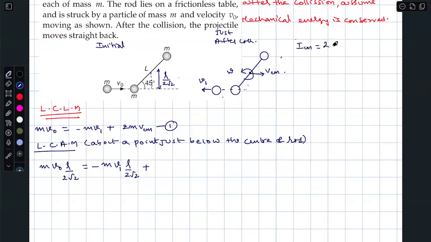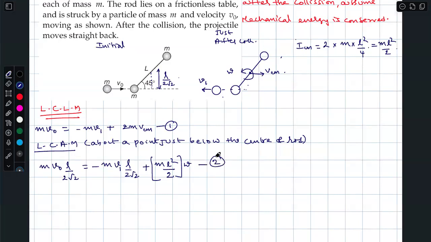This is nothing but 2 times m L squared by 4, which will become m L squared by 2 plus m L squared by 2, times omega. Agreed? And this will become equation 2.